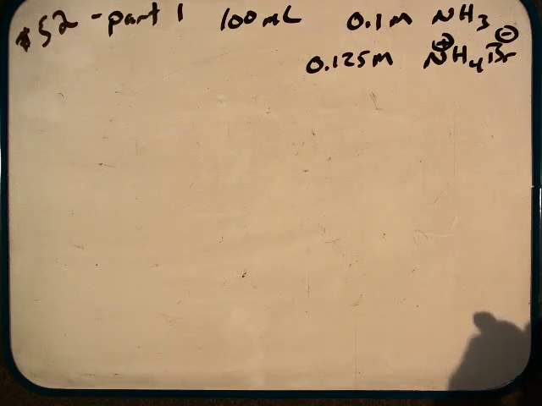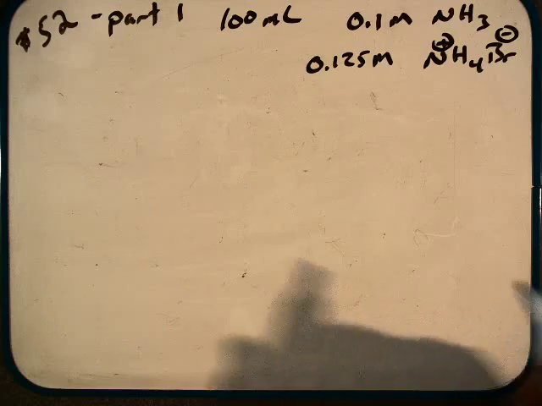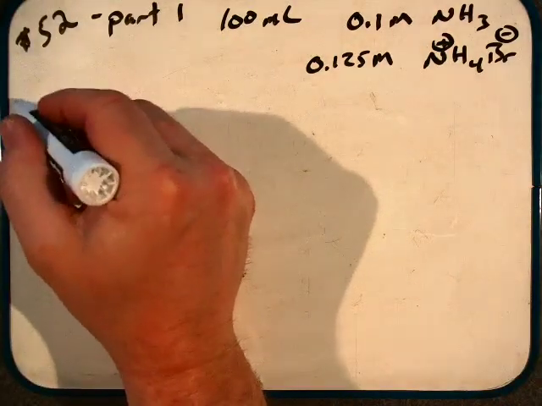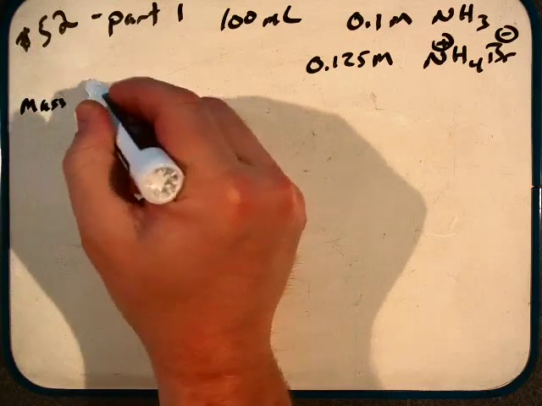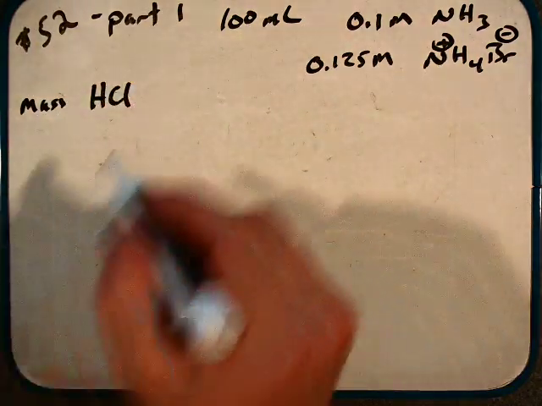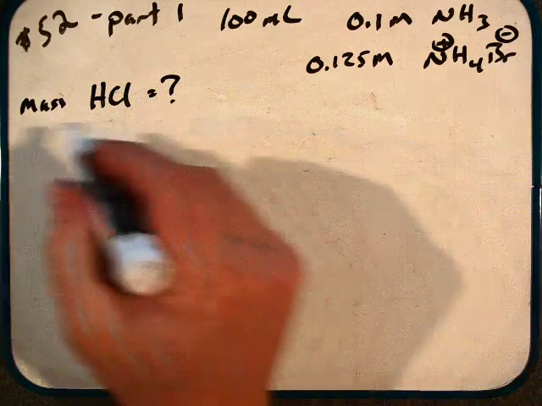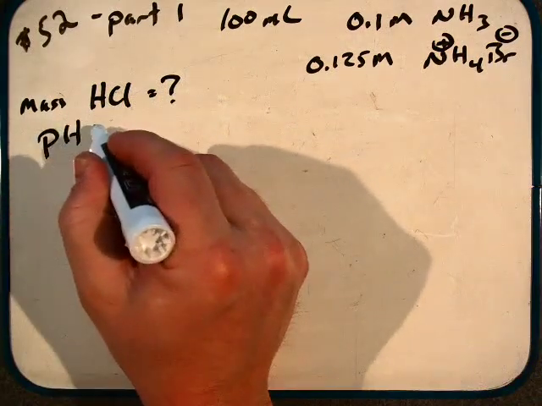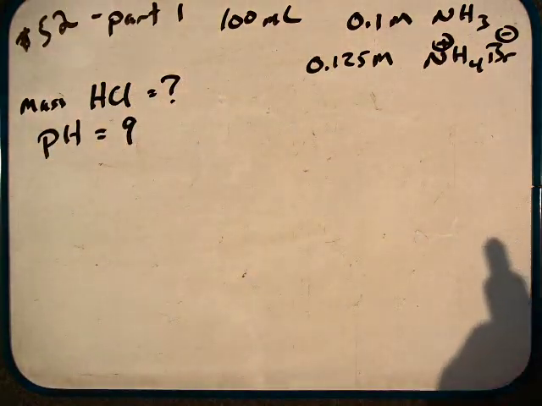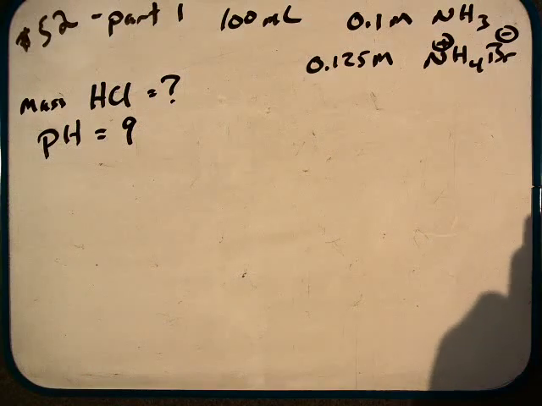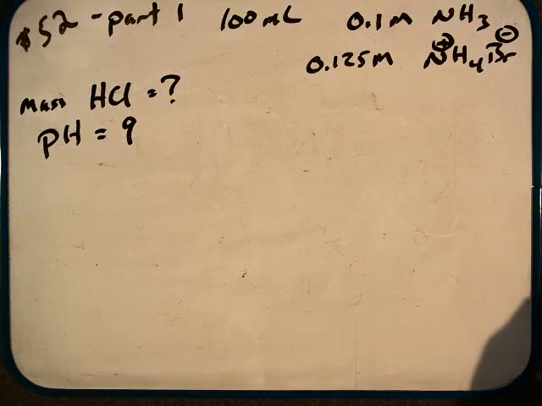The question asks us what mass of hydrochloric acid will be neutralized by the buffer before the pH falls below 9. So we're asked what mass of HCl, and we're looking at the pH of this buffer to reach 9, right?